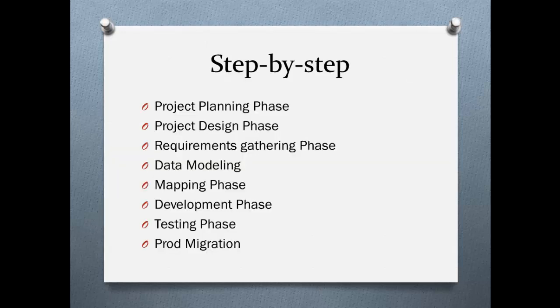Sometimes it is called a technical release. In real time they use different names. When people ask when is your technical release, it means when is your project going live. Going live means going to production. So that's the terminology.